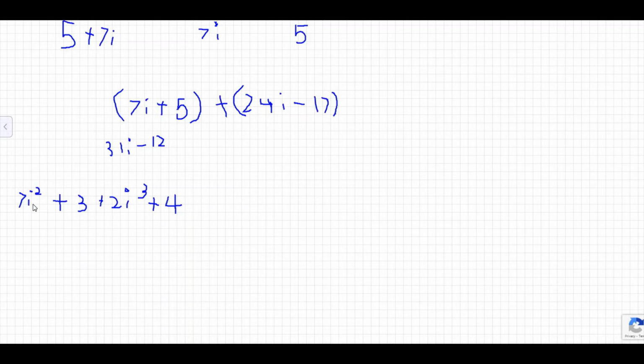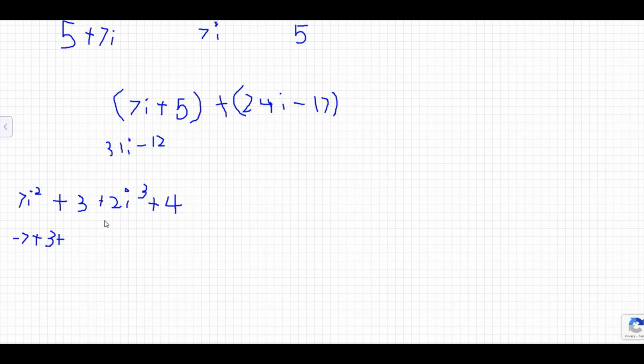So let's equate this out step by step. Okay, i squared. i squared by definition is negative 1. So this entire thing would be negative 7 plus 3 plus now 2i cubed. i cubed is negative i.